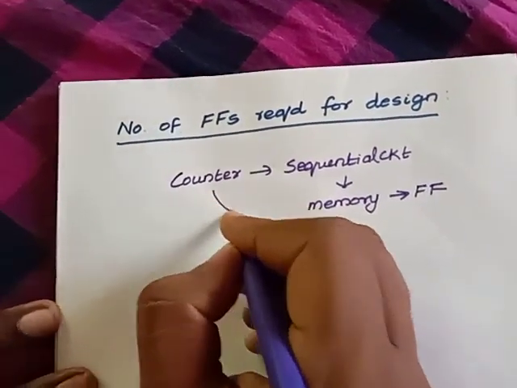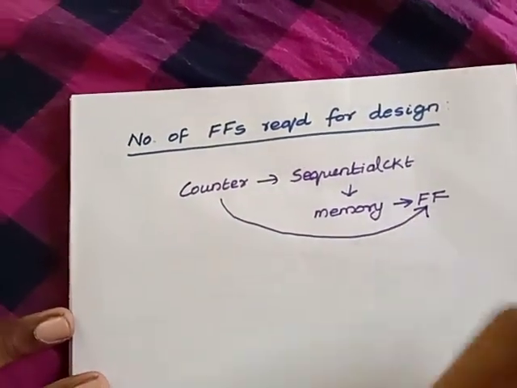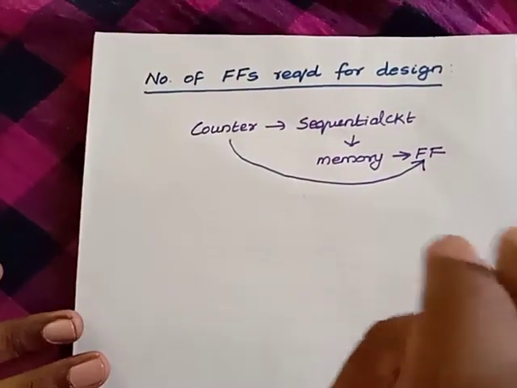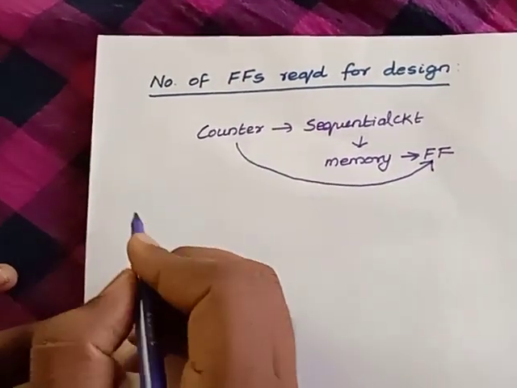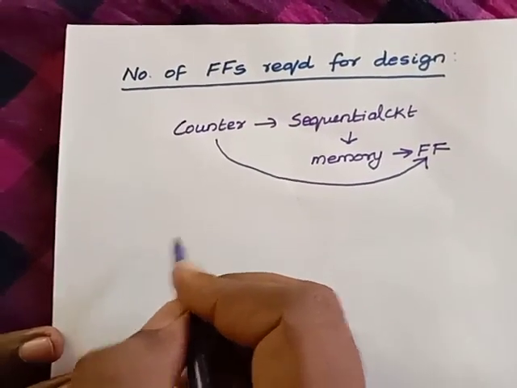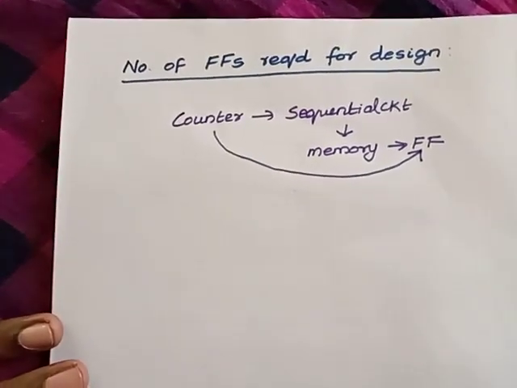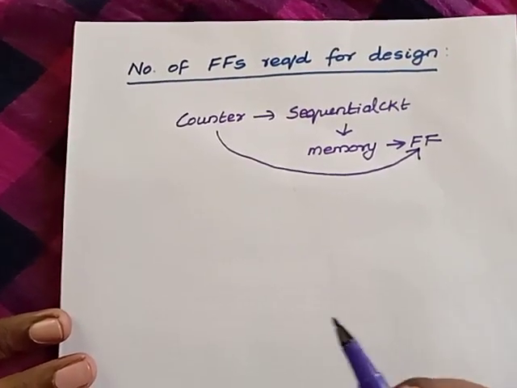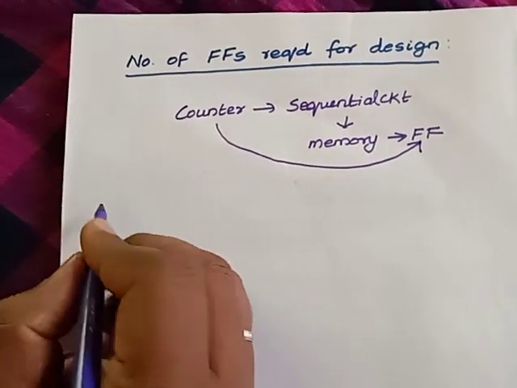That means a counter is definitely made up of flip-flops. So now we have to find out how many flip-flops are required for designing a counter. Since we don't have a fixed counter, we'll be designing the counter based on our requirement. So we are going to find a generalized formula for the number of flip-flops.